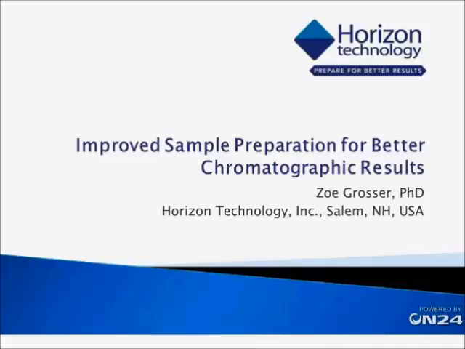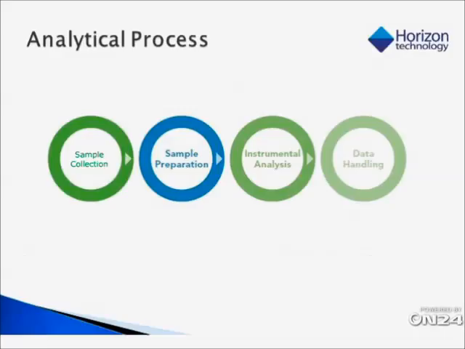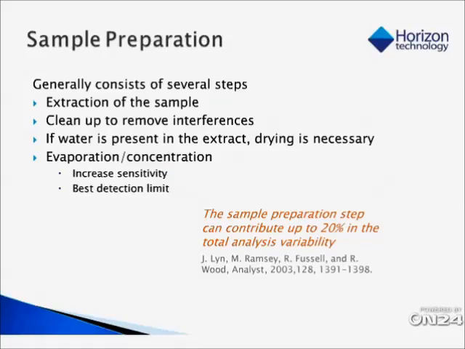I'm going to talk a little bit about the sample prep step in the analytical process. You can see that the analytical process considers sample collection, sample preparation, instrumental analysis, and data handling. And we hear a lot about the instrumental analysis portion of this process and the data handling. But the sample preparation can actually contribute, and Daniel mentioned this, up to 20% in the total analysis variability.